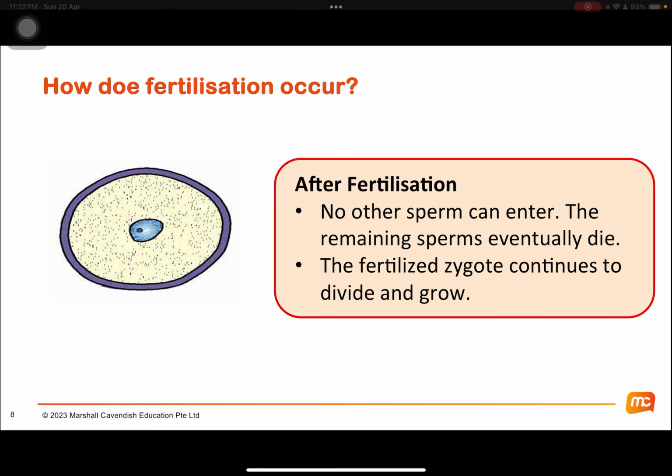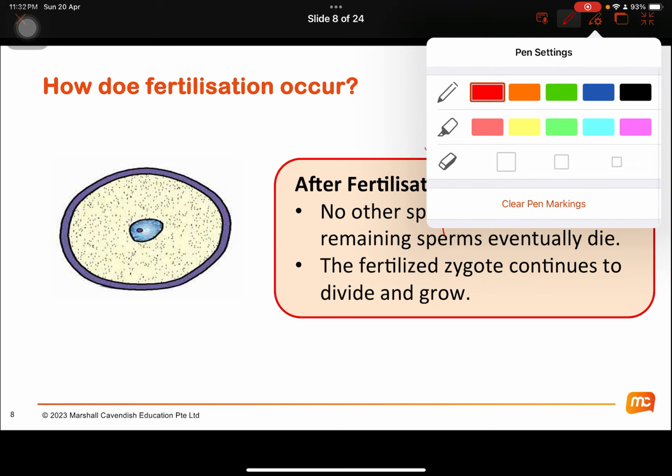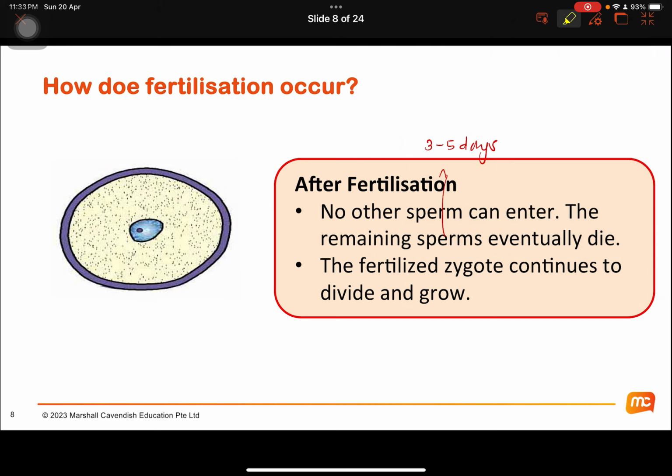If after fertilization no other sperm can enter, the remaining sperm will eventually die off. And recall, how many days can the sperm last? 3 to 5 days. So they will eventually die off, and then your body will break them down and remove them, and only the fertilized egg, the zygote, will continue to grow and divide.